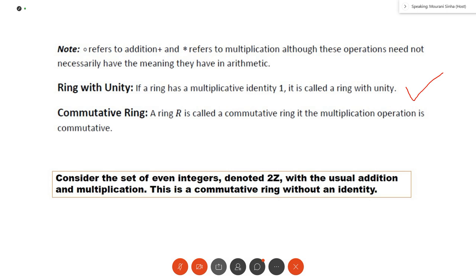Then the definition of commutative ring: if the multiplication operation is commutative for the given set, then you have a commutative ring. Okay, so this is what we have done for today. What was a ring? Then how we define a ring with unity. And if the unity is not there, like in the set of even integers, then we say it's without identity. And then commutative ring if the multiplication is commutative.